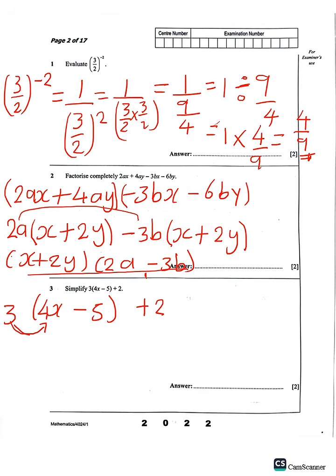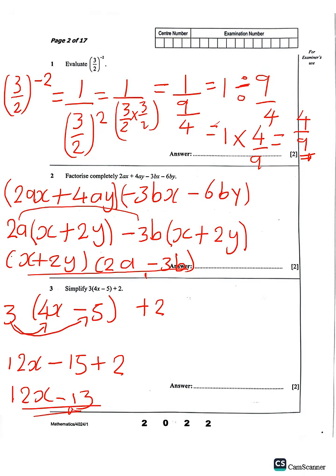Then the second step, 3 by negative 5. So let's begin. 3 by 4, we get 12x, minus 3 times 5, 15, plus 2. Then for our final answer, negative 15 and positive 2 are like terms, so we can simplify them. Negative 15 plus 2 is negative 13. So this is our final answer.